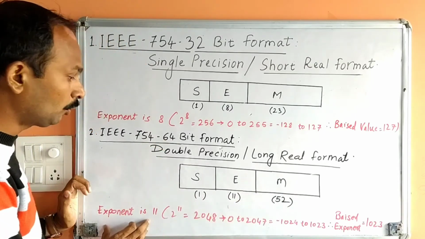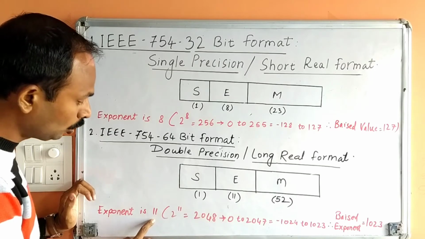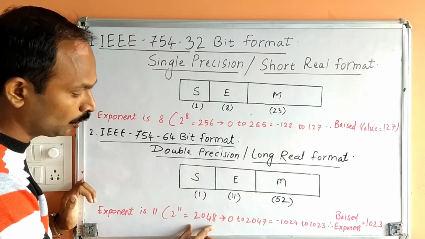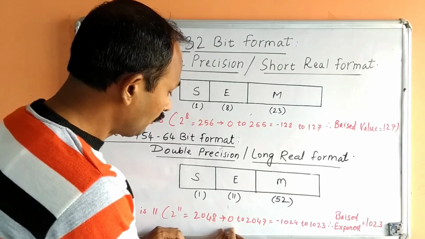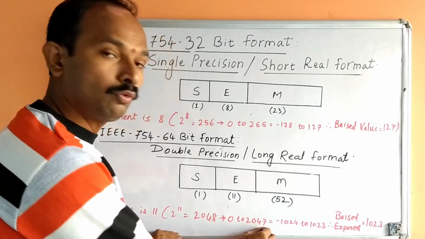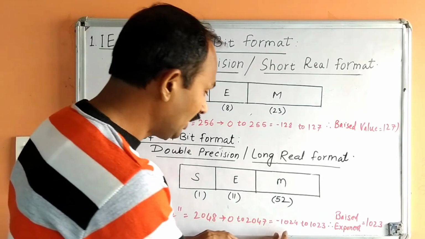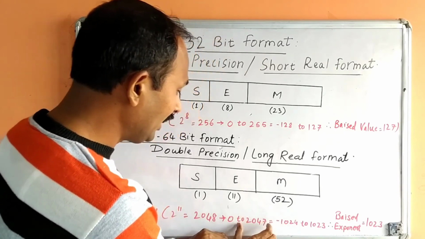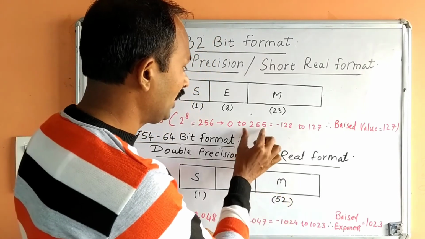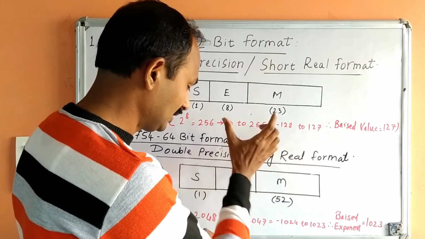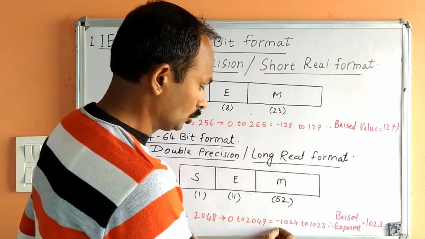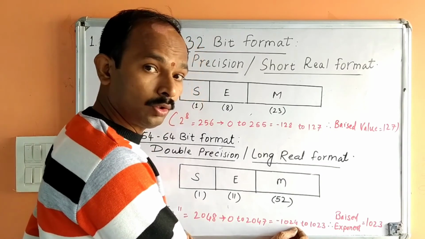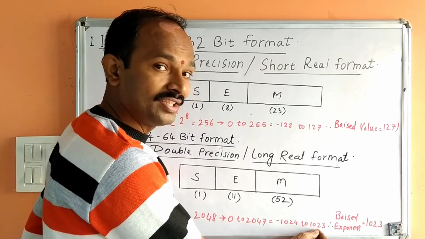Now here the exponent is 11 bits. So 2 raised to 11 is 2048, so the values are 0 to 2047. And here we will divide it into equal parts as we divided 256. So 2048 we will divide in equal parts, so it will become minus 1024 to 1023.